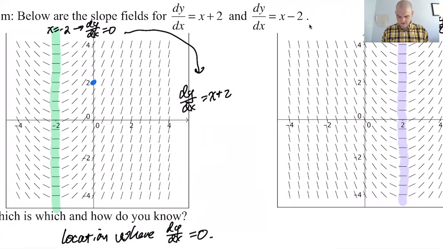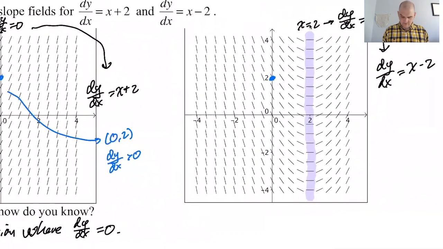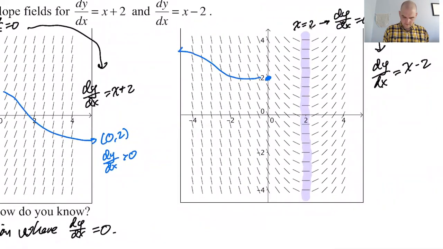I don't know why I don't look at 0, 0, but I don't. So at 0, 2, for this curve, dy dx is greater than 0. Whereas on this curve, at 0, 2, dy dx is less than 0.